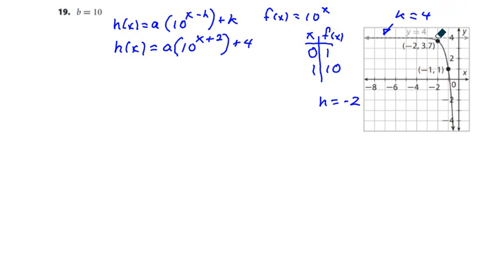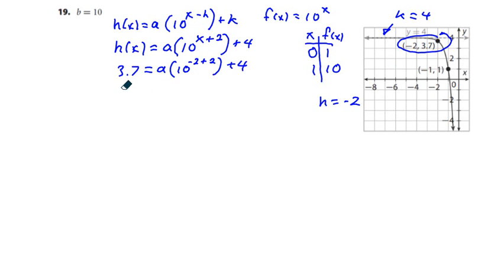And now our first reference point we're going to take is right here, this negative 2 comma 3.7. And so using this point of negative 2 comma 3.7, we get 3.7 is equal to a times 10 to the power of negative 2 plus 2, and then we have plus 4 on the outside.